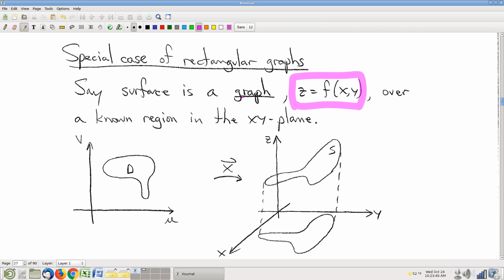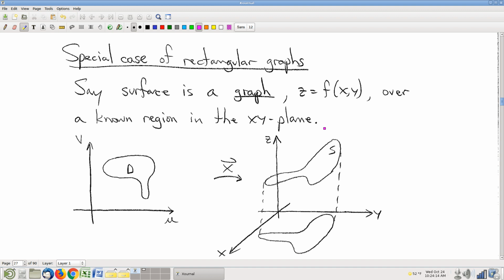Rectangular graph in the sense that these are rectangular coordinates. You can also talk about spherical graphs, and that's a separate thing. So these rectangular graphs, a lot of surfaces are. Very often that's how we find ourselves looking at surfaces, as graphs. So how does it work in that special case? Working it out, streamlining it for that special case can be really efficient.